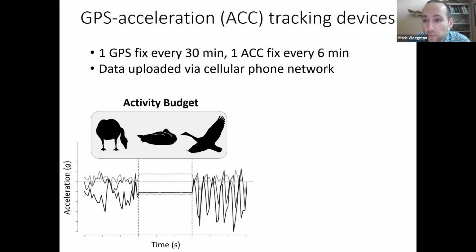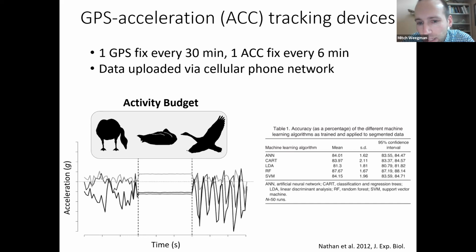And then we use wild birds to work out what flight looks like. So we developed this library of known behaviors paired with acceleration patterns. And then we use machine learning algorithms, neural networks, classification and regression trees, and so forth to develop a training data set and then classify millions of fixes of wild bird behavior.